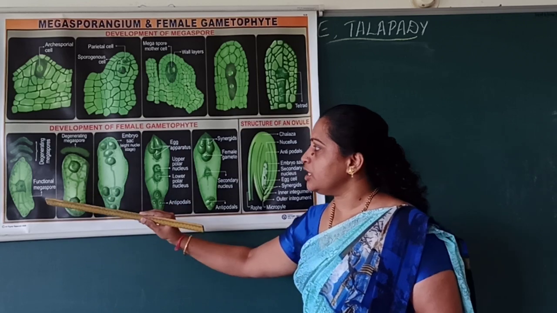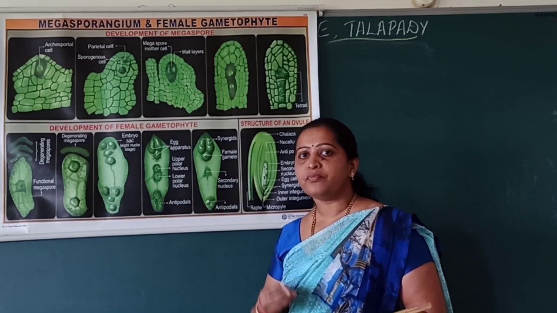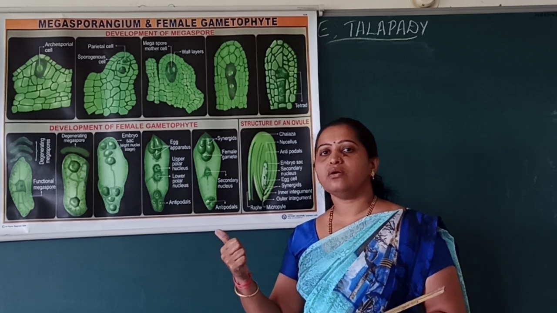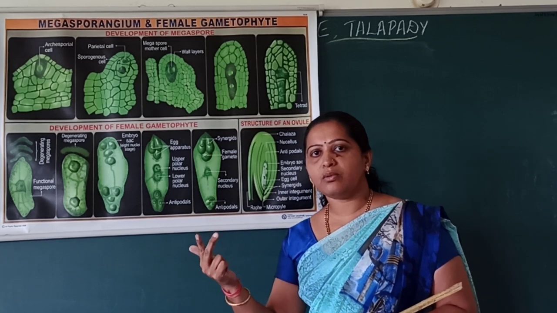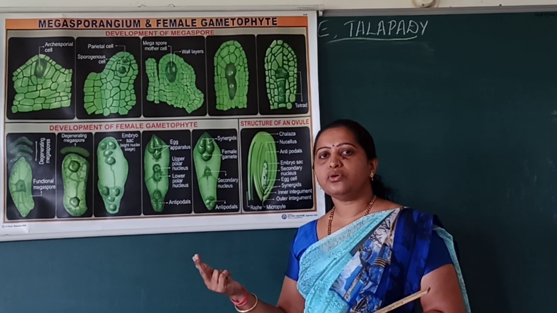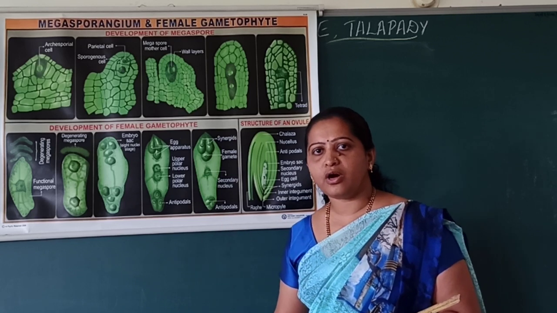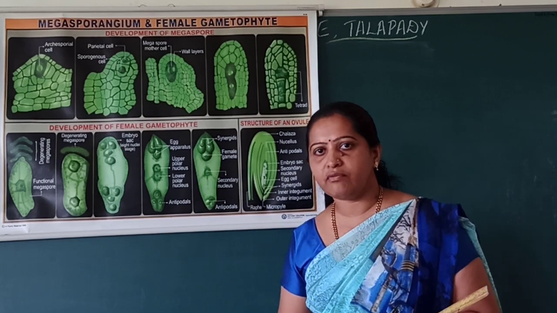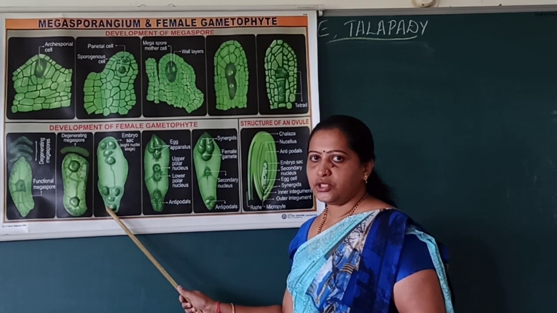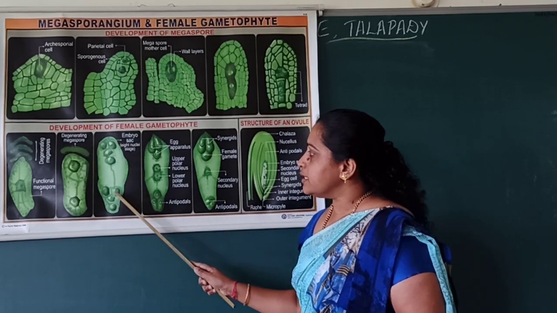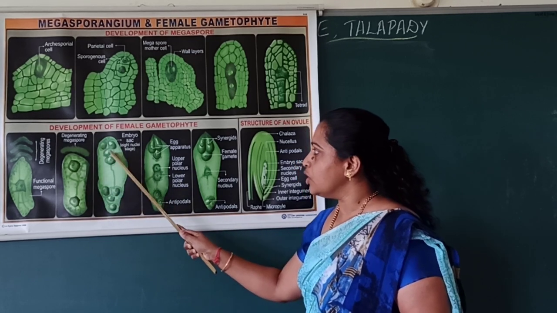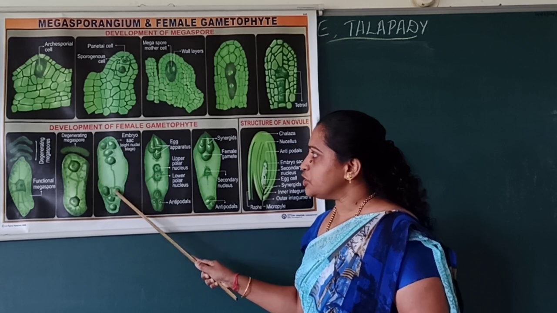So how many nuclear divisions take place here? 3 successive nuclear divisions take place, where one nucleus undergoes division to form 2 nuclei. The 2 nuclei again undergo division to form 4 nuclei, and the 4 nuclei again undergo nuclear division to form 8 nuclei.